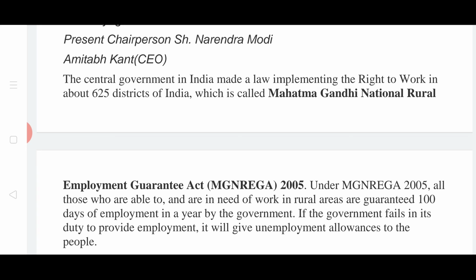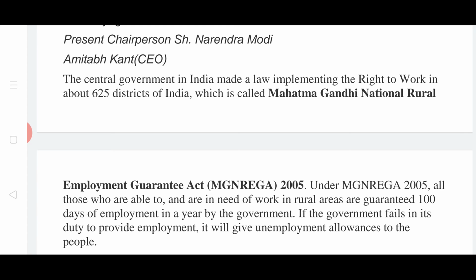At that time MGNREGA came into existence. We know there are some poor districts in India, and it was started from there, and after that it was extended to 625 districts, the whole of India.